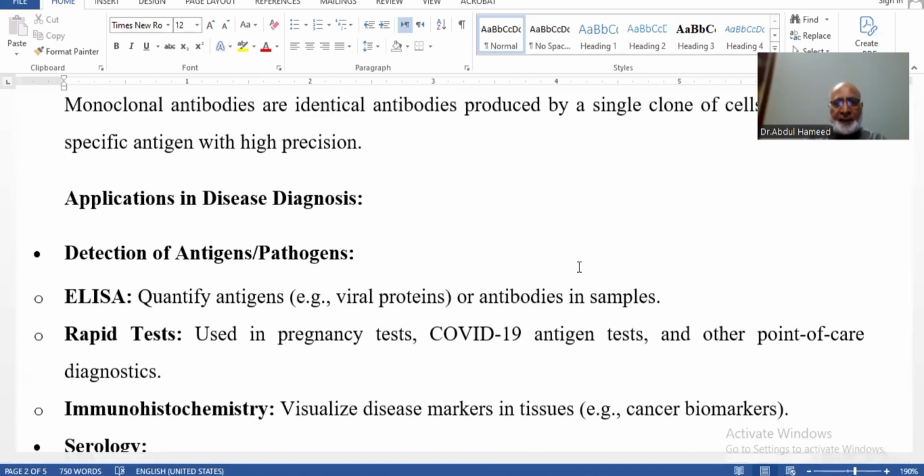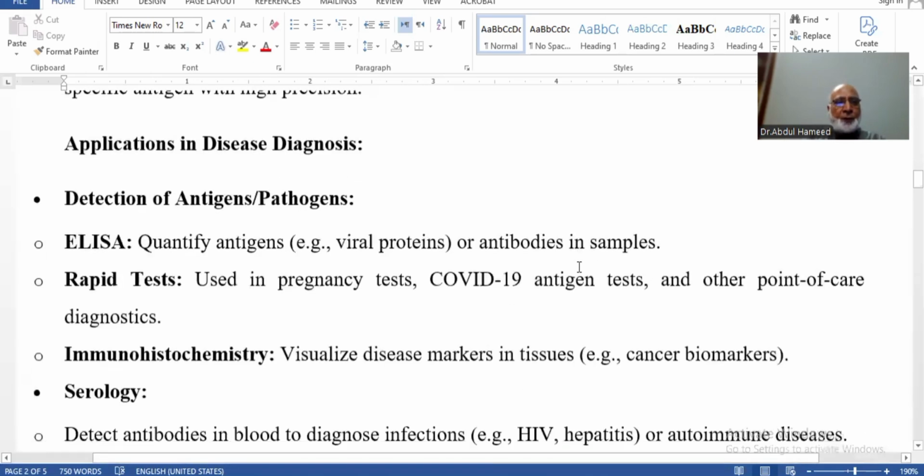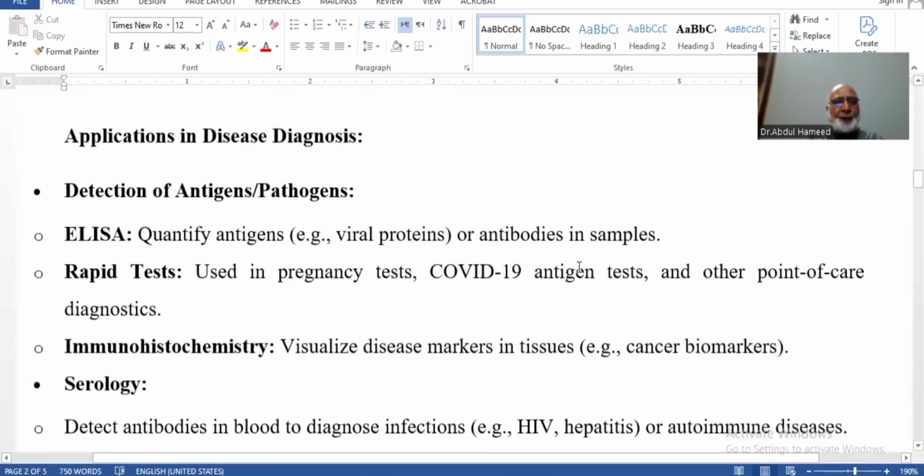Then rapid testing is used in pregnancy tests, COVID-19 antigen tests, and other point of care diagnosis. This is very simple. For example, we may have sticks with some sort of antibodies attached over them, and by applying a simple sample material, we get the result.